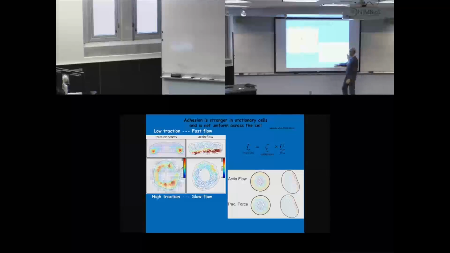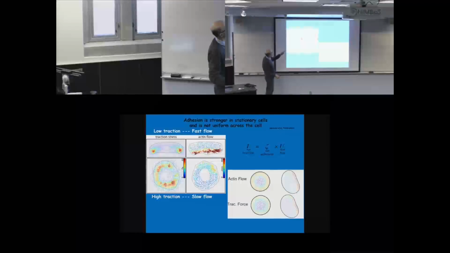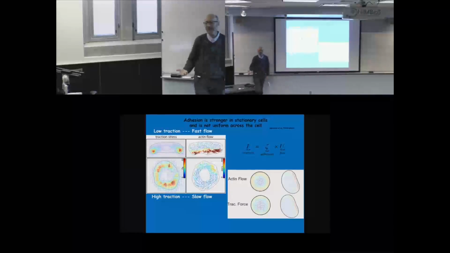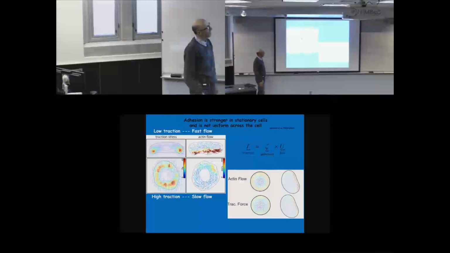And as I mentioned, the force can be easily measured these days, and flow can also be measured from fluorescence spectral microscopy. If you look at the forces and the flows in the stationary cell, you'd see that the forces are rather high and the flows are rather slow. While in moving cells, for example in this region, forces are very low and the flows are high. So obviously, the adhesion is not constant.